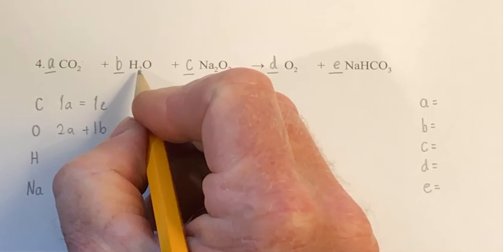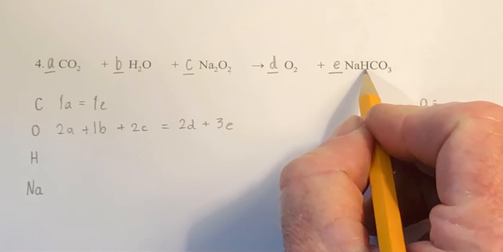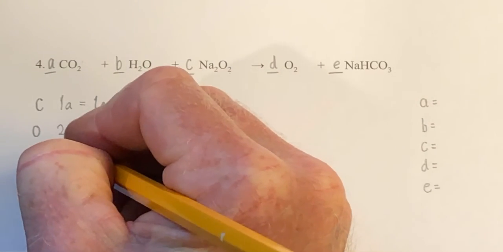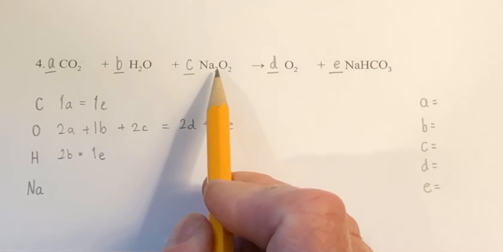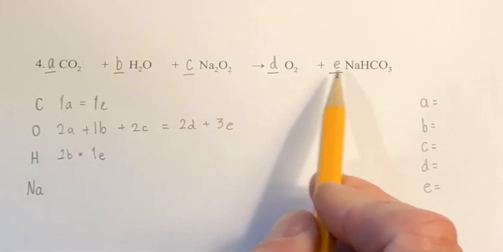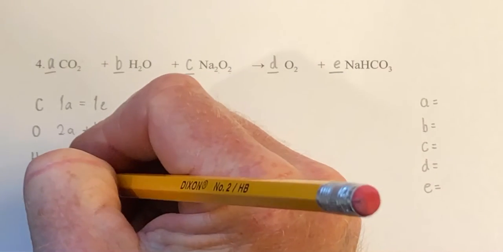For hydrogen, 2b has to equal 1e, and for sodium, the 2c's have to equal the 1e.